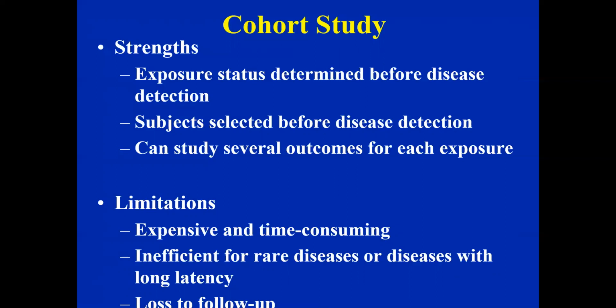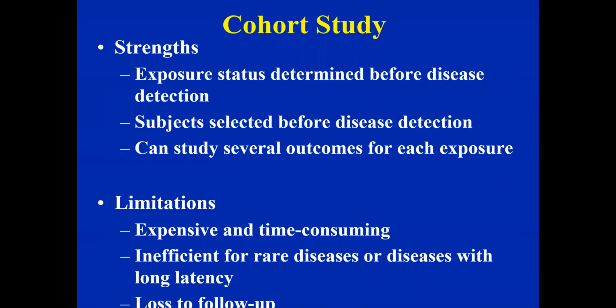What are the limitations of cohort studies? They are very expensive and time consuming. Why? It's because if it's prospective, it means you start with your study participants and follow them for a longer period of time. They are also very inefficient for rare diseases or diseases with long latency. Those are the diseases where it takes time.